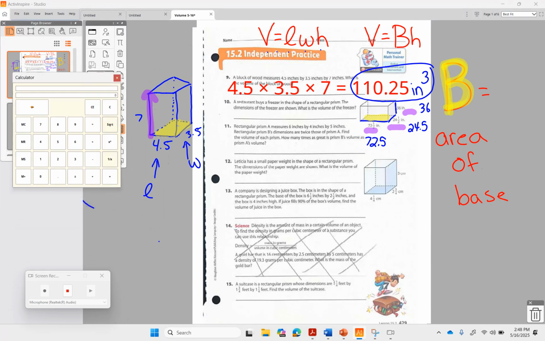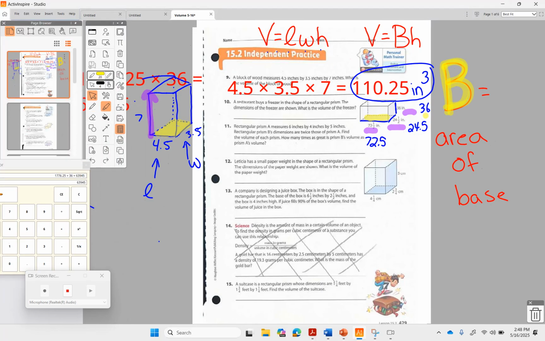Okay? So if I come over here, 72.5 times 24.5 is 1,776.25. Now I'm going to multiply that by 36, and I get, oops, oh. Hold on a second, let me grab it. There we go.